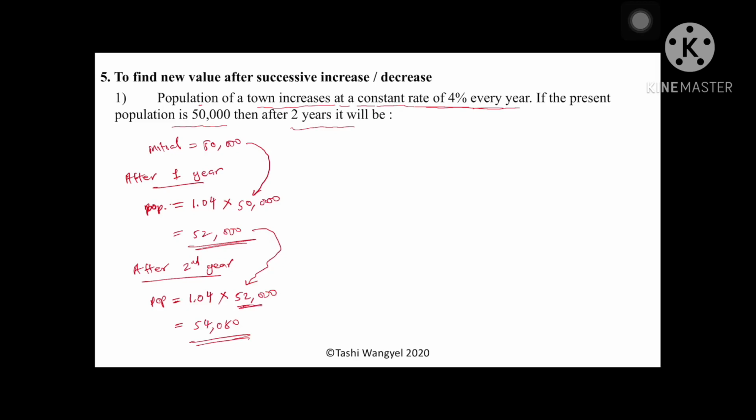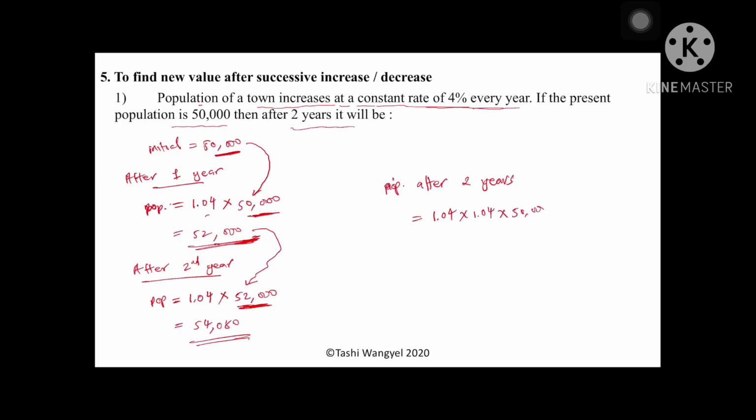In the first year, there is a 4% increase over the initial population, with 50,000. In the second year, there is a 4% increase over the first year's population, and so we multiply by 52,000. That was the step-by-step version; now the short way for the population after 2 years. For the first year we apply a 4% increase, 1.04, and for the second year another 4% increase, 1.04, of the initial number.